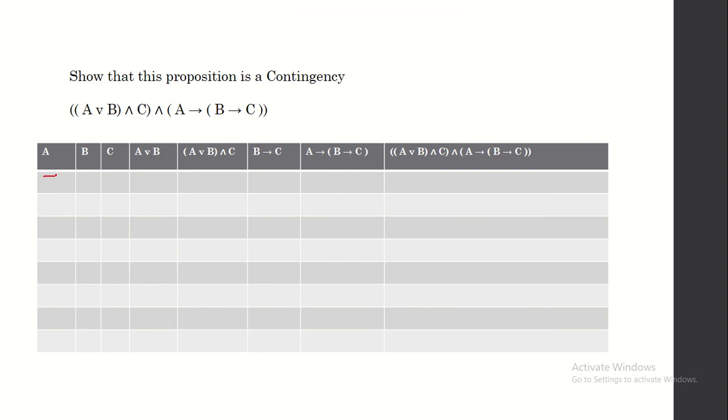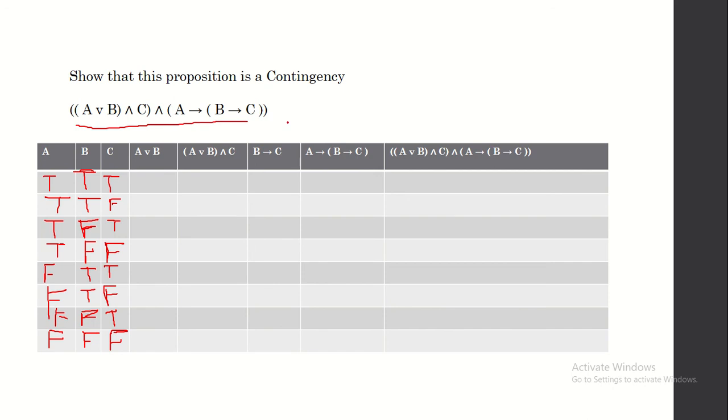So let's see if it is a contingency or not. Let's fill in A, B, C. We have filled in the values of A, B, C, the inputs. Now we need to complete this truth table to show that this is a contingency. At first let's solve this A or B. As A and B both are true, this is true. After that this is also true.